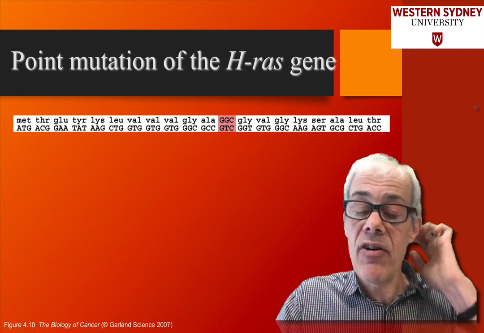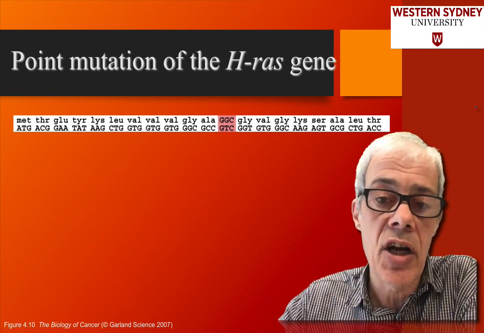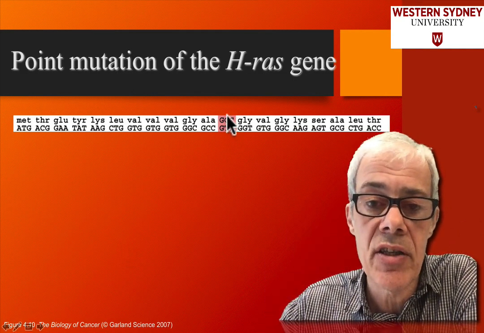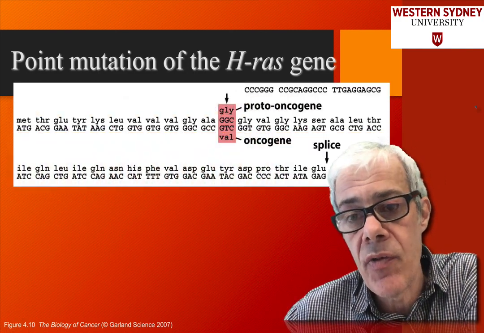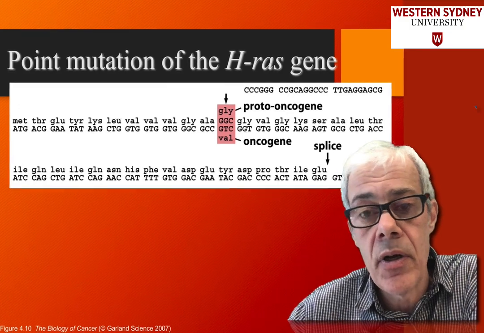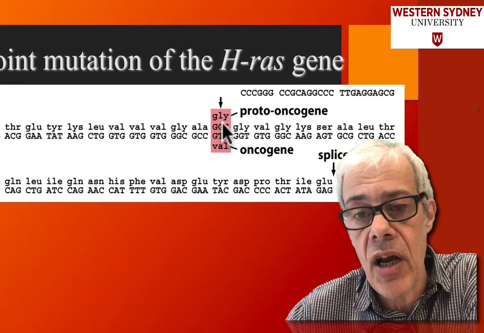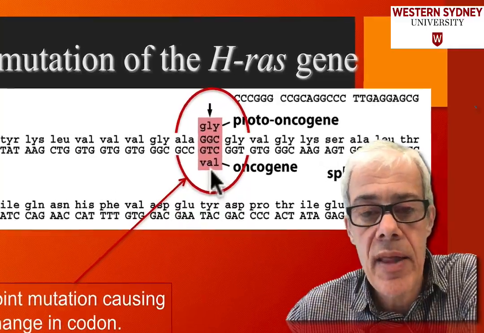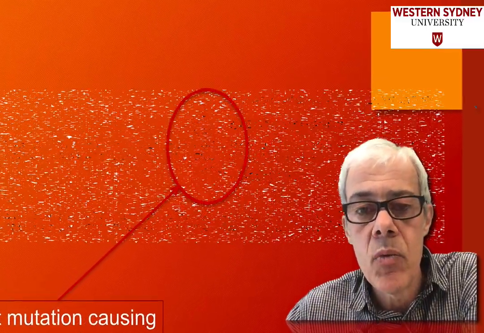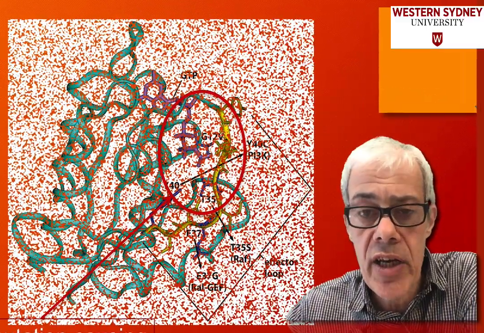Earlier in the lecture I showed you that we had a point mutation at the 12th residue that leads to the formation of this oncogene, so that this glycine residue that we've been talking about becomes mutated. Now we're looking at that point mutation in the context of the 3D structure.